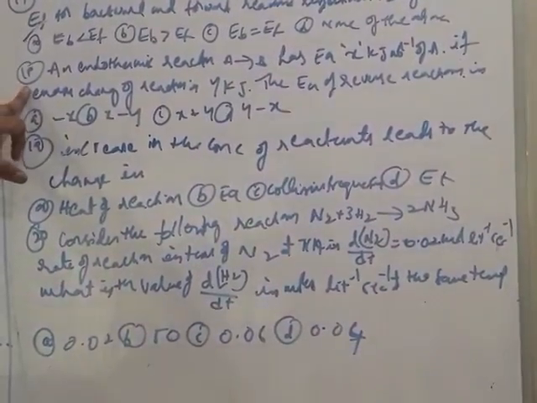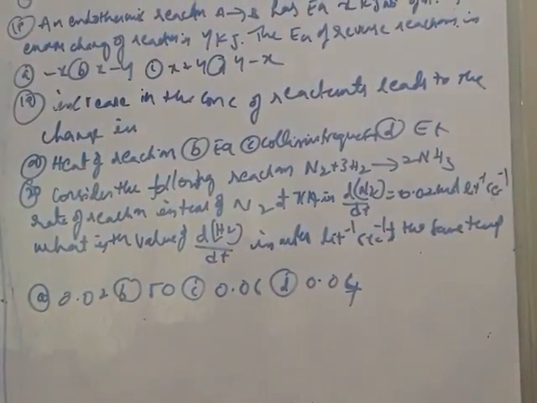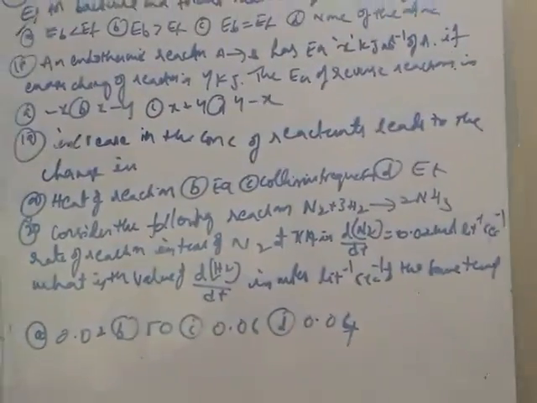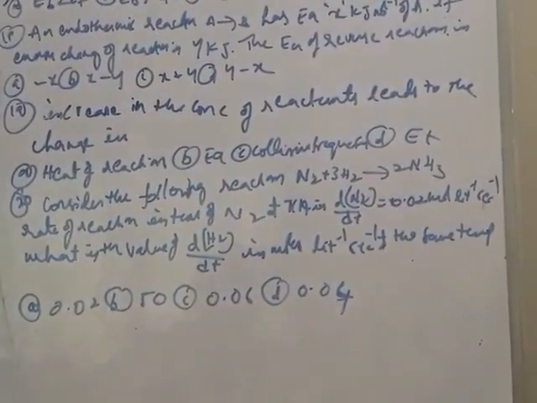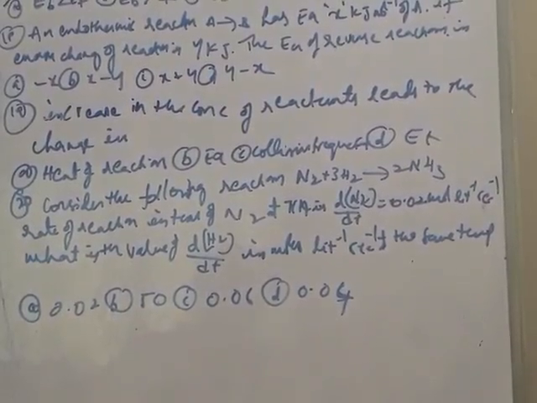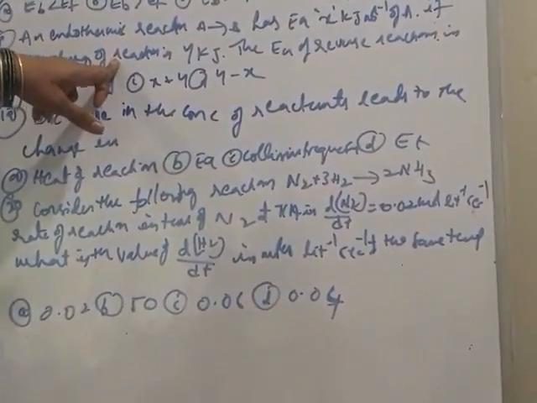18th one. An endothermic reaction A to B has activation energy X kilojoules per mole of A. If the energy change of the reaction is Y, energy change means this is enthalpy change.